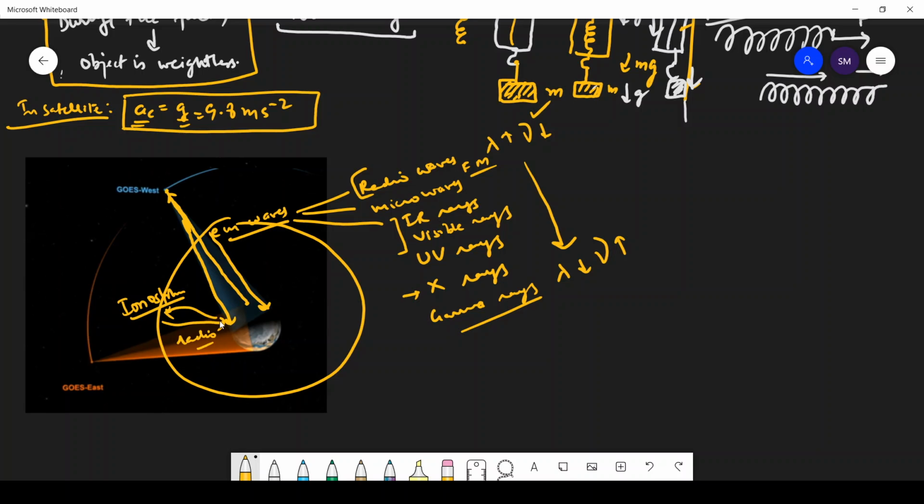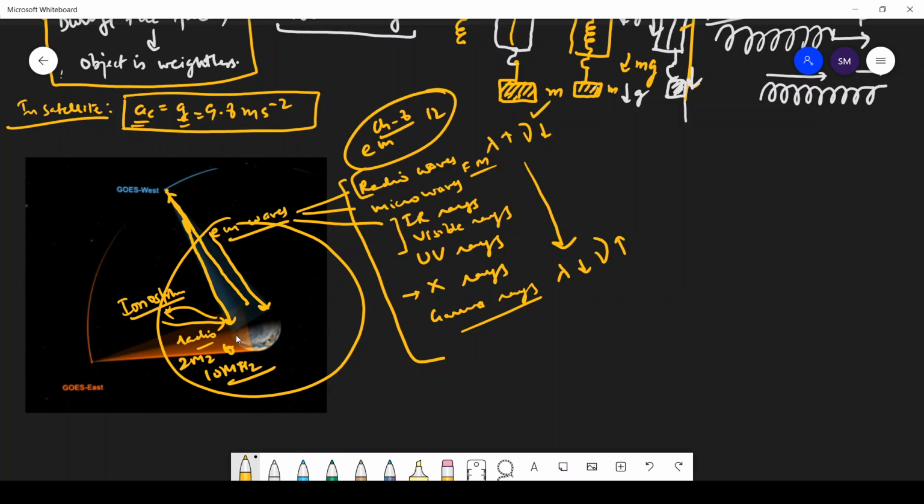So the radio waves for radio broadcast are of frequency 2 megahertz to 10 megahertz. We have one whole chapter on electromagnetic waves, which is chapter number 8 in class 12. And the spectrum I have written over here.